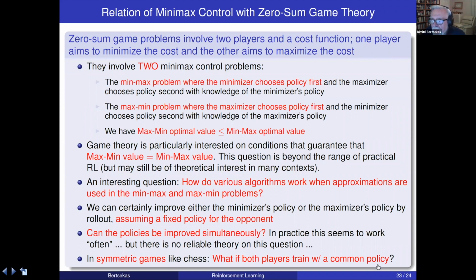That's certainly an algorithm that looks good, and in fact has worked spectacularly well, but there's no theory about it. Not in terms of approximate dynamic programming, and very little theory even if you do exact calculations, which you cannot do, exact policy iteration. But for the type of algorithm that AlphaZero uses, there's no theory really, because the players are simultaneously changing their policies. One does not stay still while the other one improves.